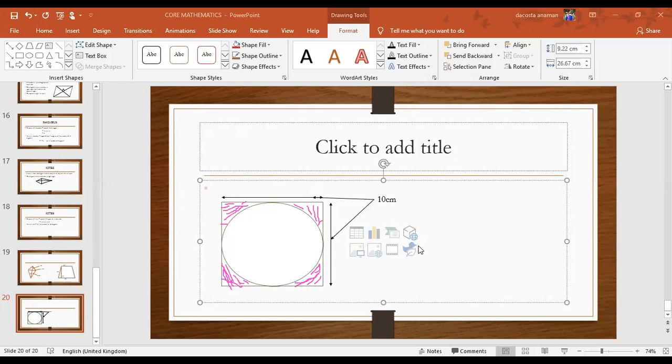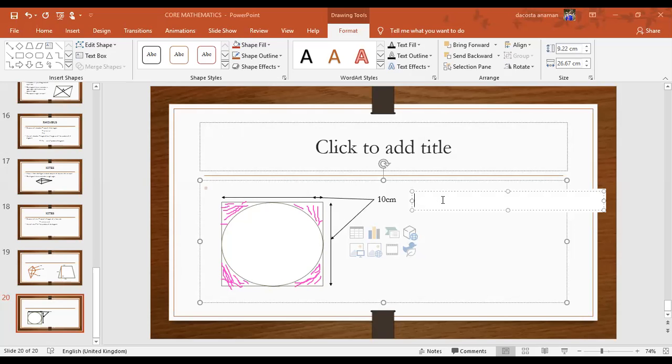Okay, so let's solve it, then we bring today's class to an end. The question is to find the area of the shaded region.